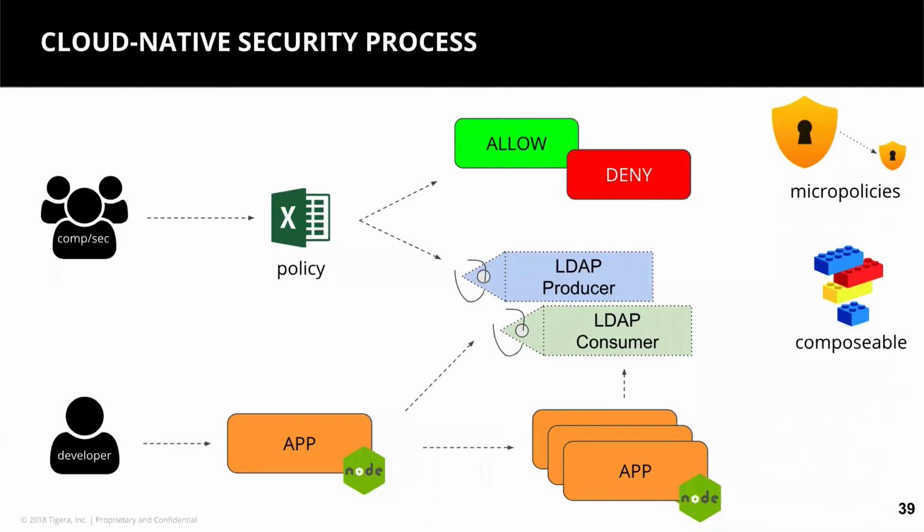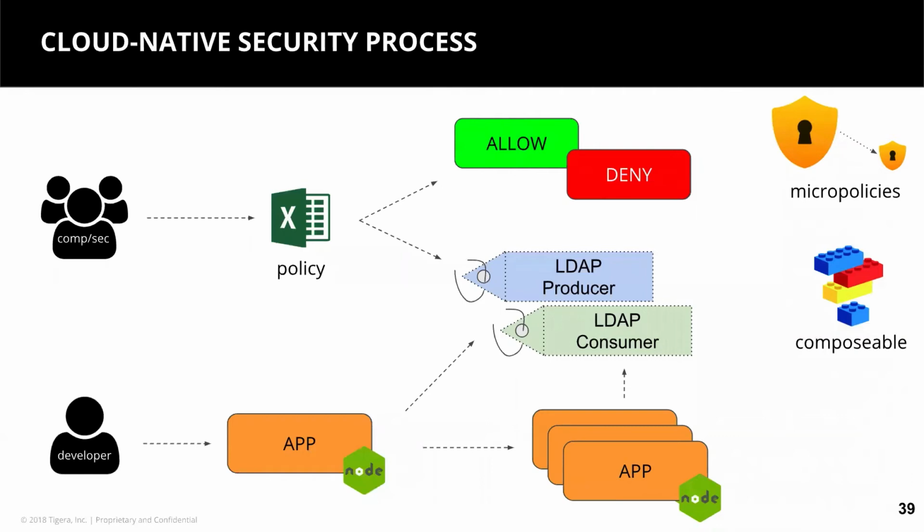Instead of policies being tied to specific applications, now policies are starting to be tied to specific behaviors or personalities. For example, if I've got an application that is an LDAP server and I've got other applications that are LDAP consumers, then I need to be able to apply those personalities and actually compose those personalities.